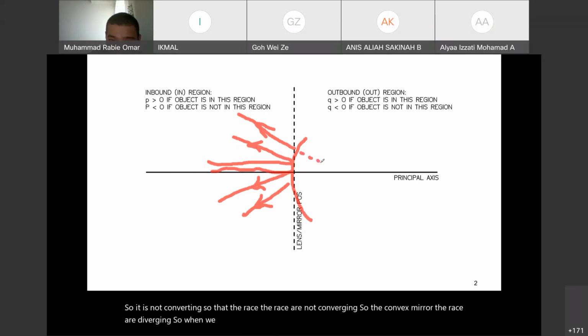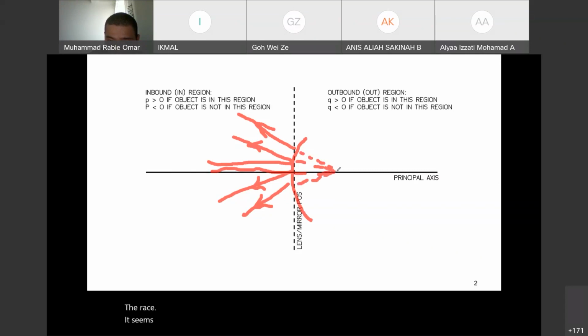So when we extend the rays, it seems that the focal point is behind the mirror. So the focal point itself lies in the forbidden region. So the value of F is less than 0. Again, I repeat, if the focal point lies inside the forbidden region, then its value must be less than 0, which is negative. Okay?